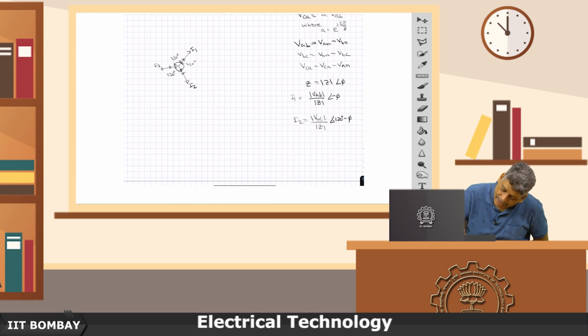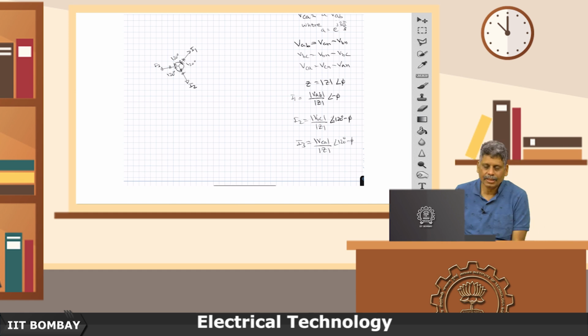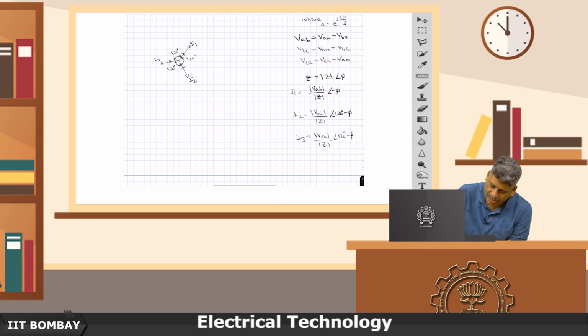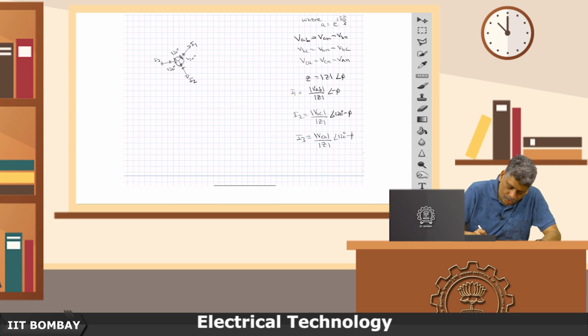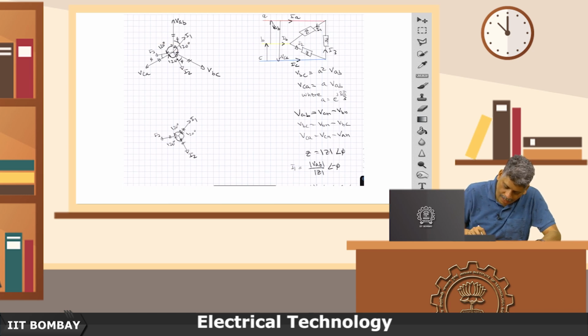So, I3, just to complete this, its magnitude is going to be VCA by Z, and since VCA has an angle of 120 degrees and the impedance has an angle of phi, therefore it lags the VCA phasor by an angle of phi. Okay.